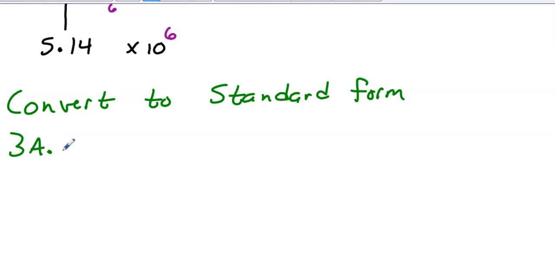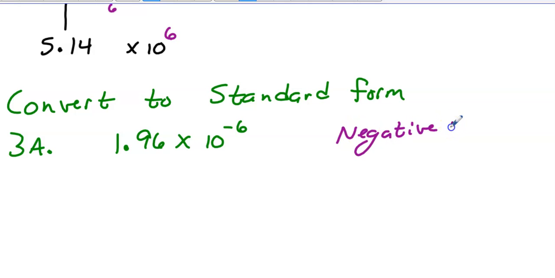And it can actually be 3.8 here. So we'll go with 1.96 times 10 to the negative 6th power. Okay. And as soon as you have a negative exponent here, then that basically means that you should get a decimal answer that's going to be less than 1.